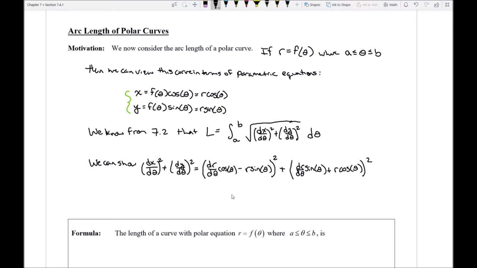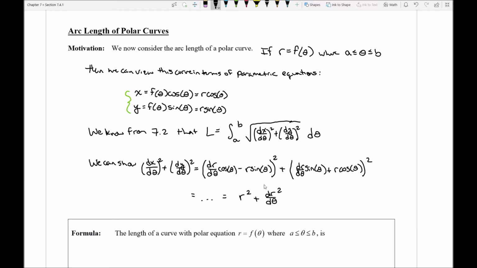Well, with a lot of additional simplification that we unfortunately can't go into a lot of detail on here, we just don't have the space for it, you could easily confirm that if you were to square both of these quantities and multiply out everything that's there, you could simplify this down to be equivalent to r squared plus dr d theta squared.